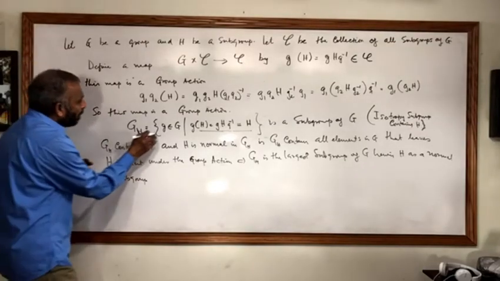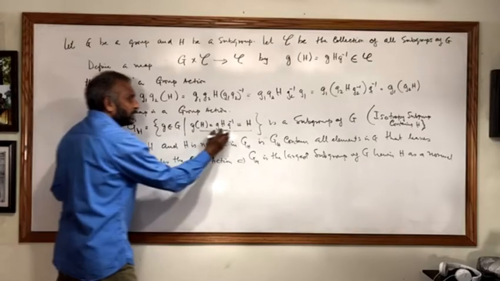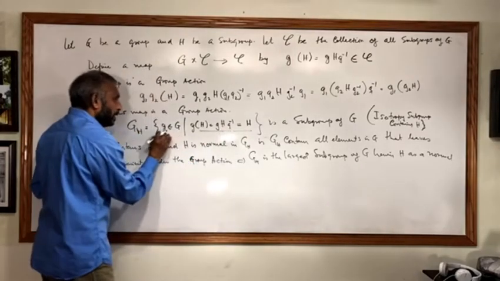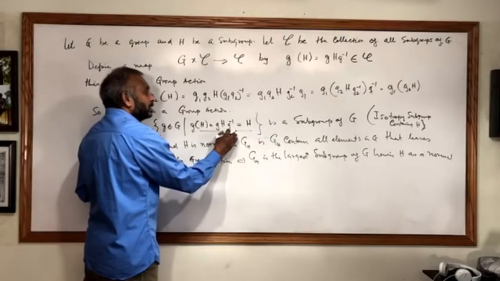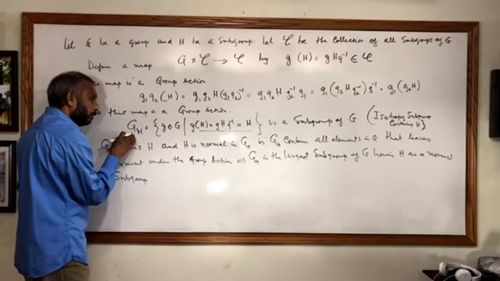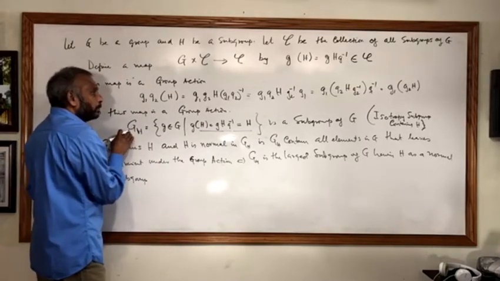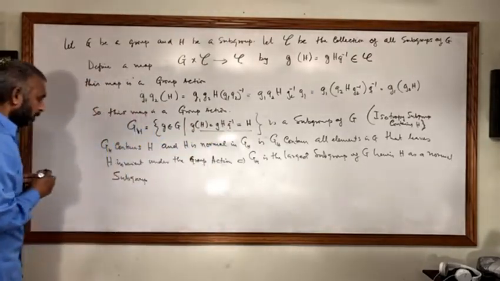So you are taking all the elements of G that satisfy this. There is no other element g in G that satisfies this. So this is the largest subgroup of G containing H and having H as a normal subgroup.